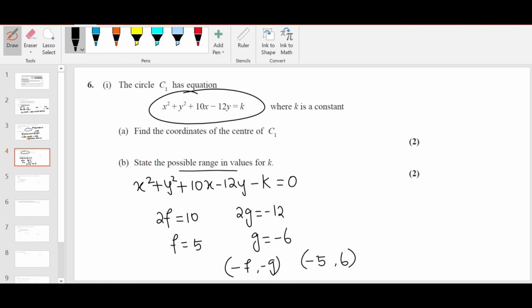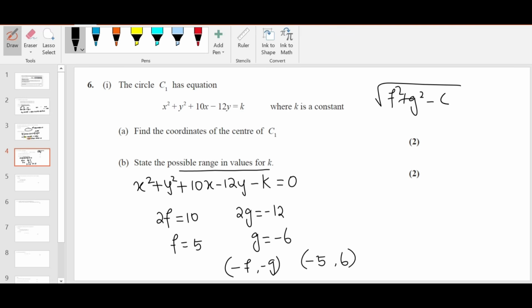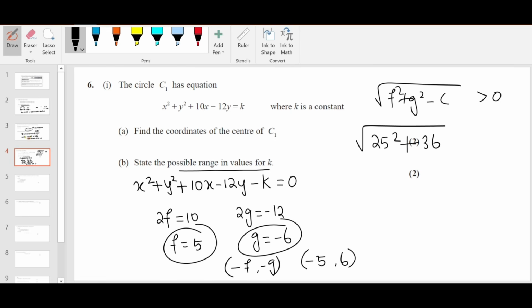And then state the possible range of values of k. To find that, we are going to find the radius. The formula is square root of f square plus g square minus c, and we know the radius should be greater than 0, right? It's a positive number. So it's 5 square plus 6 square minus c, minus k becomes plus k, greater than 0.